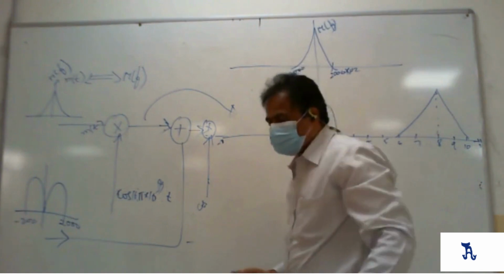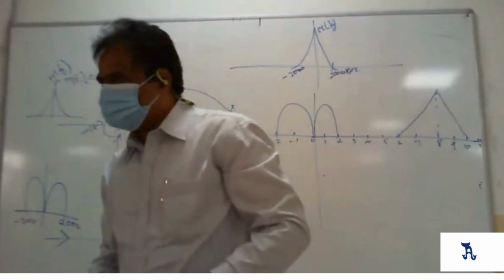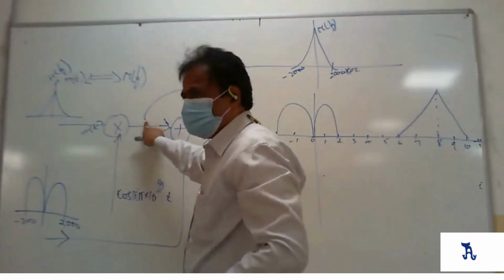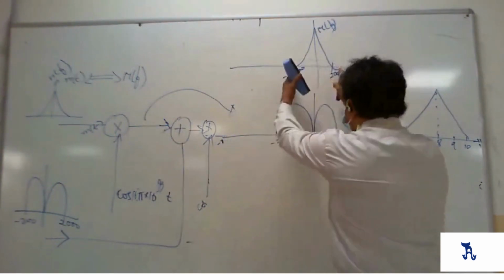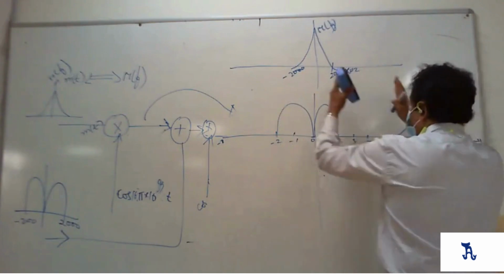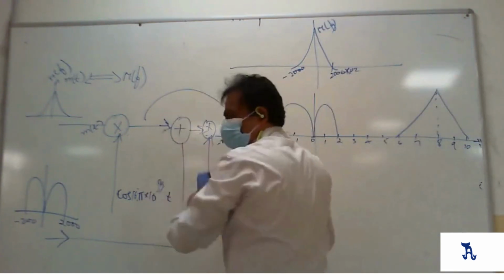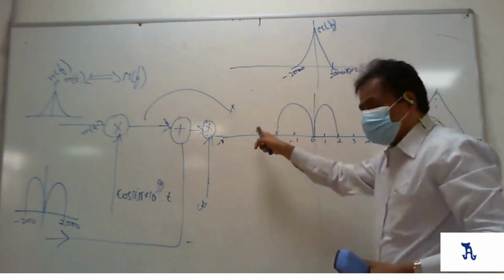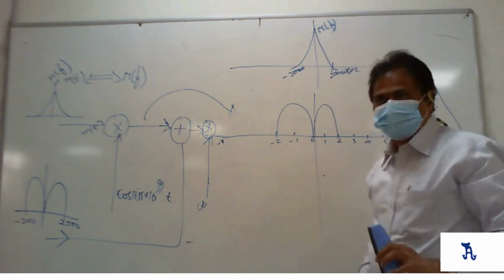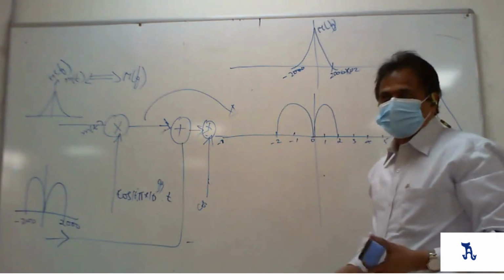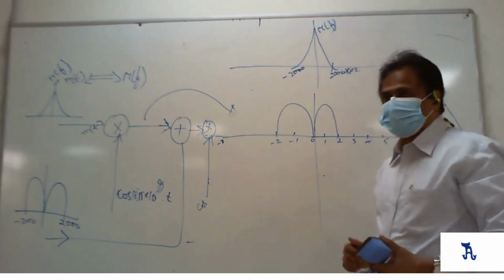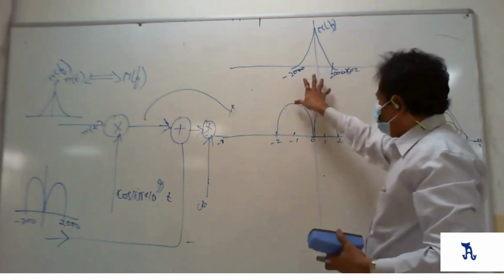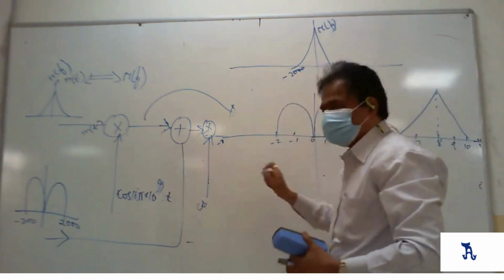I didn't get your question. Both will be there. This will go and sit at FC, and this will sit at minus FC. I have not drawn it here, but you have to draw that. This will come from Fourier transform.